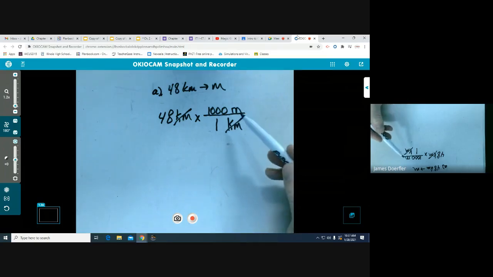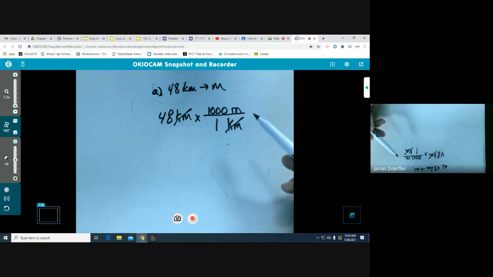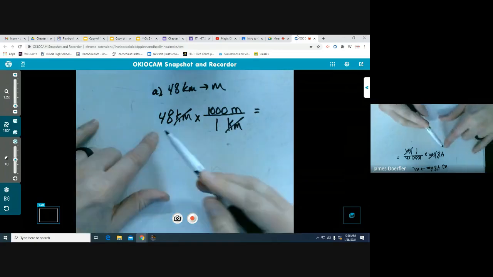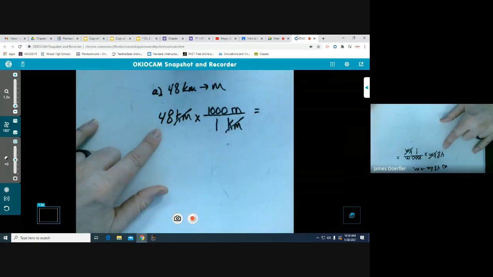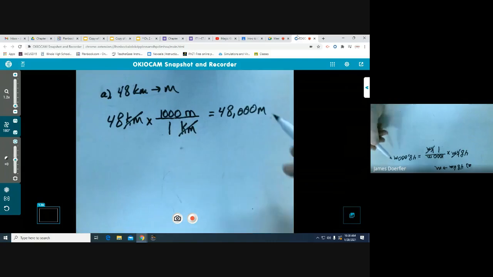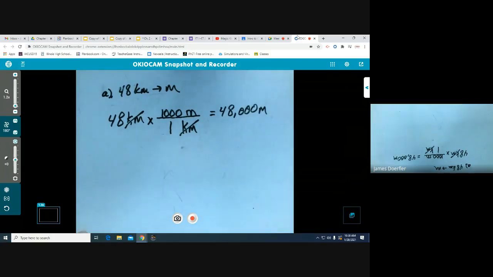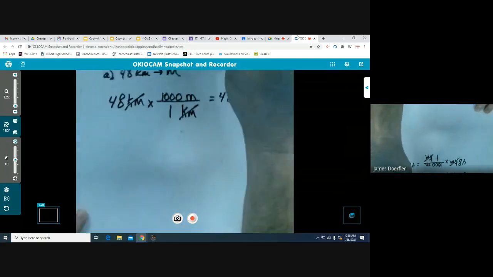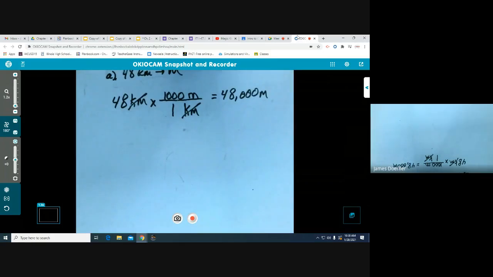What am I left with? I'm left with meters, right? Is that the unit I'm looking for in my final answer? Absolutely. So I go ahead and solve it mathematically. 48 times 1,000, you get, very good, 48,000. And do not forget your unit. Do not forget your unit. Otherwise, you're going to have to answer to me. Okay?